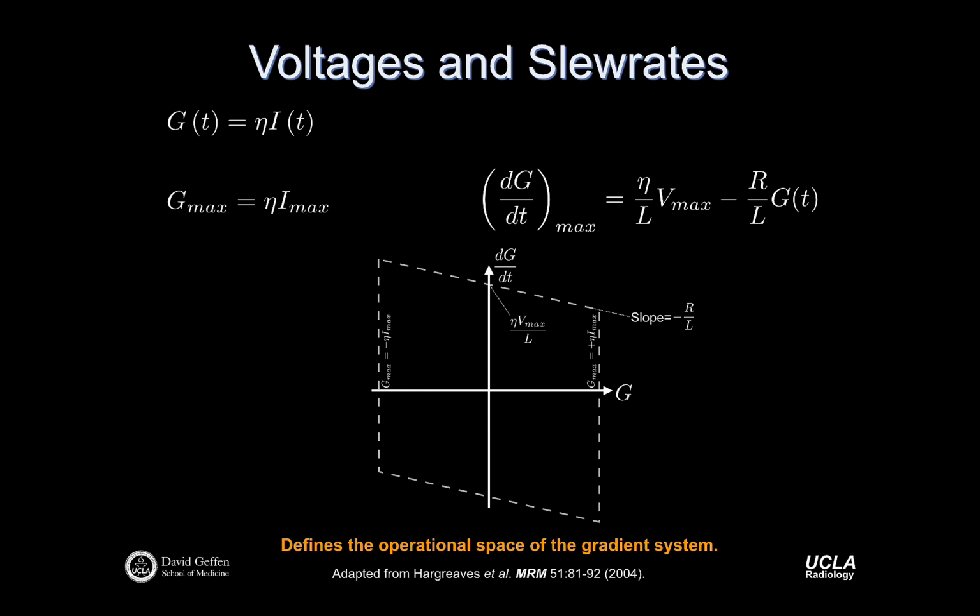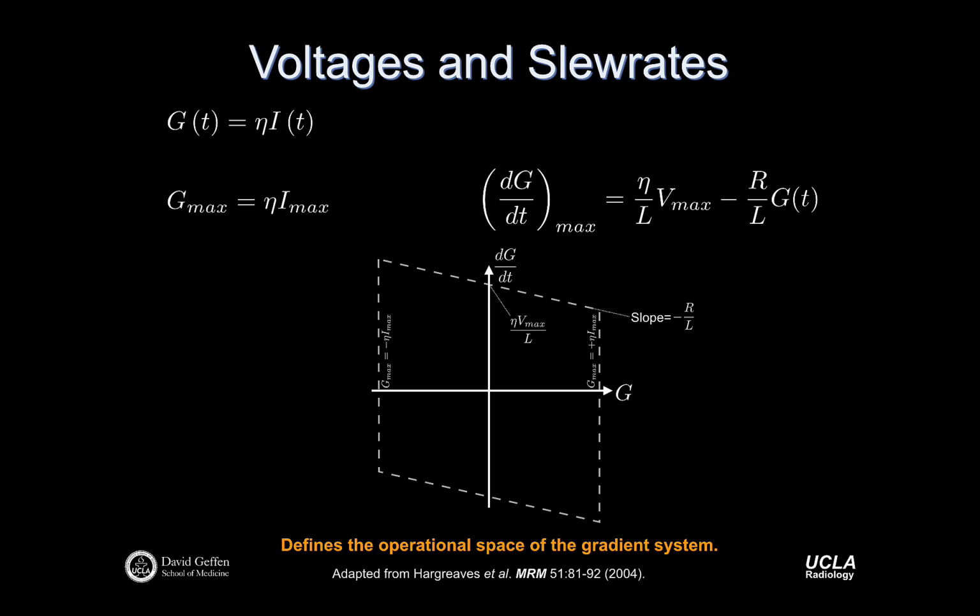So we can plot out the slope of this slew rate response. The slew rate response actually depends on voltage, inductance, and resistance, but also the gradient field that you're trying to generate in the first place. What does that mean? Well, it just means there are some lines in this space that box in the operational range for the scanner.